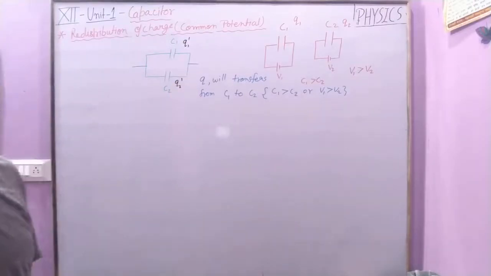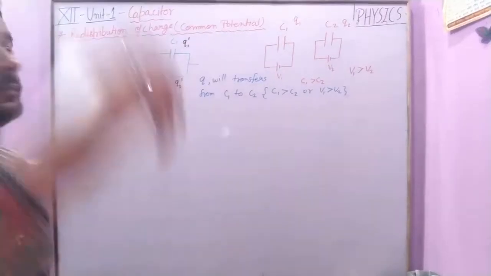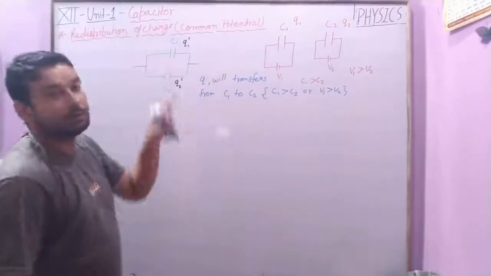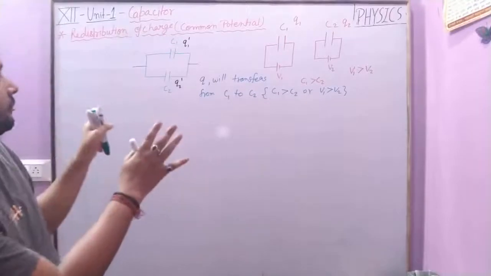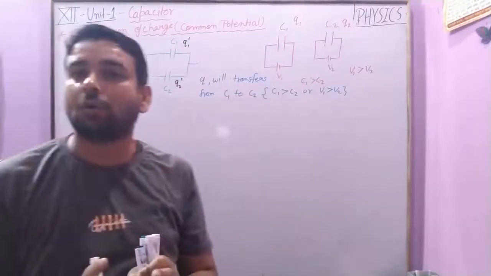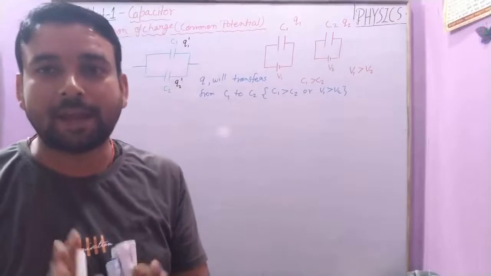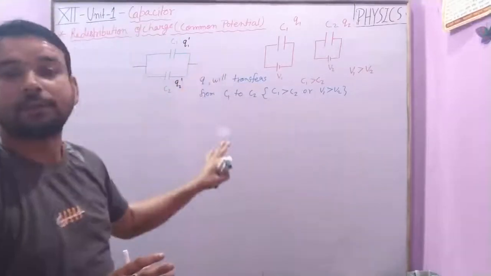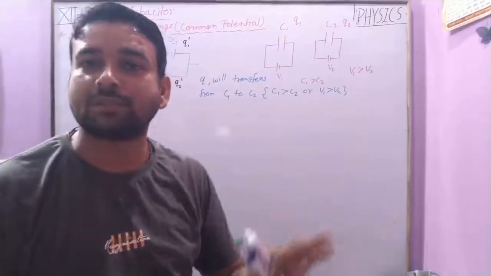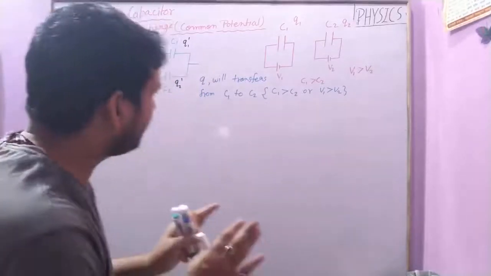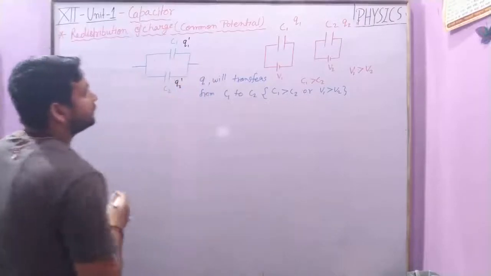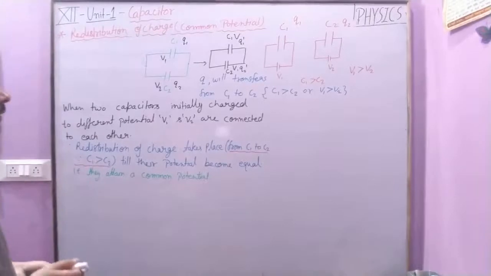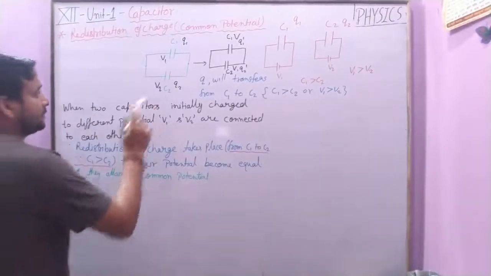Okay, so this particular phenomenon is known as redistribution of charges, and the potential they attain in the redistribution of charge is called common potential. Now we understand the situation.